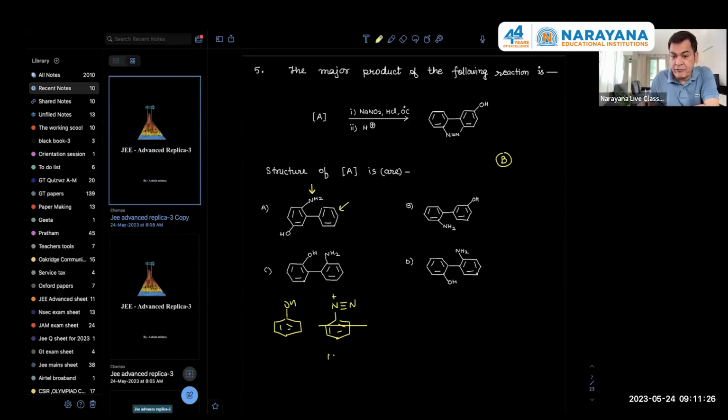That is why we need a strong nucleophile, and we use mild NaOH in the case of phenol, so it becomes O minus, and O minus activates the benzene so it can easily attack. In this case, if you create diazonium here, this ring is not even a good nucleophile. How can a weak electrophile attack this benzene ring, which is also a weak nucleophile? So the reaction won't happen.